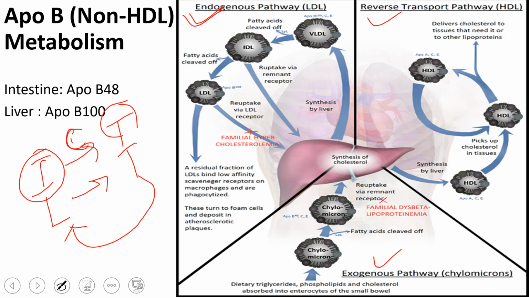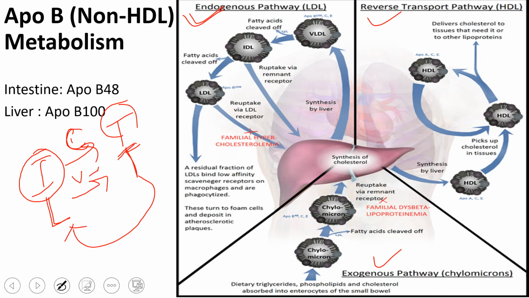Similarly, for endogenous lipids, whatever lipid we synthesize in our body, the liver is the main site where lipids are synthesized. From the liver to the tissue, they are transported in the form of VLDL, then IDL, and then LDL. This is endogenous lipid transportation.